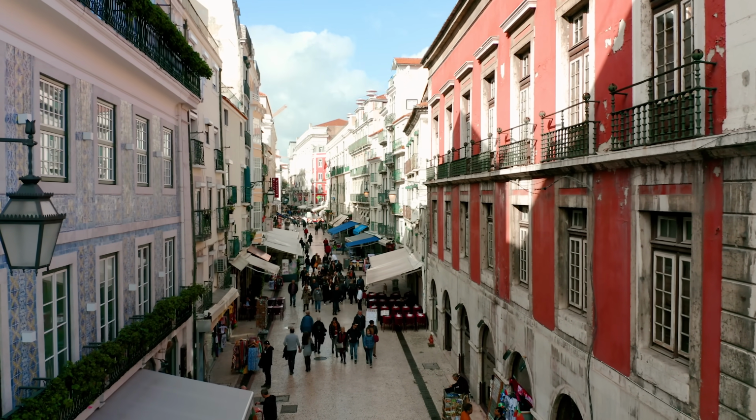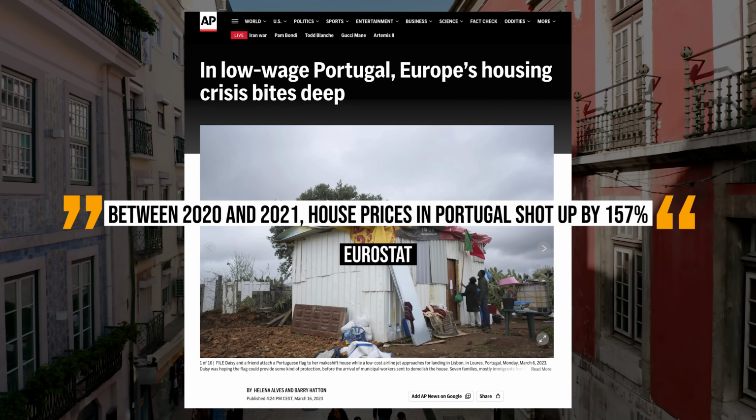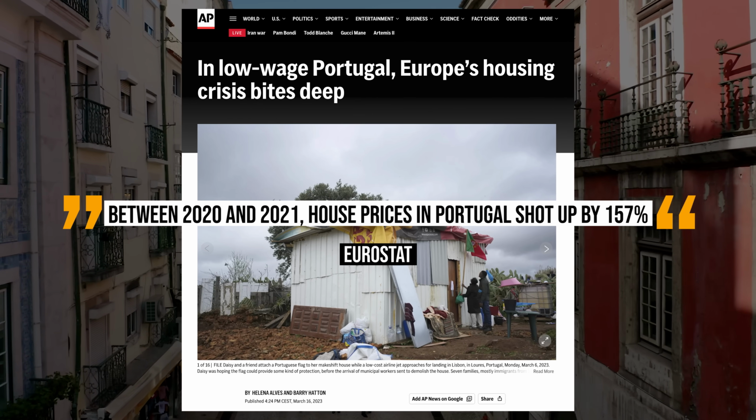Between 2020 and 2021, home prices there shot up 157% alone. Now, context is important here. Portugal has a lot of houses on the market, and rents and property prices are still relatively cheap compared to other countries.